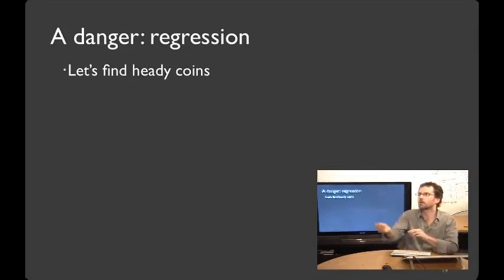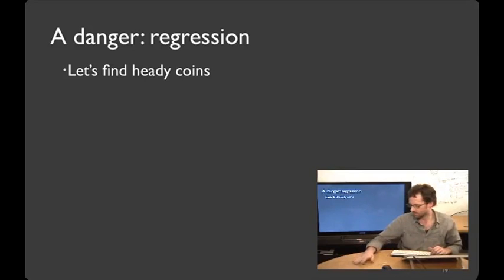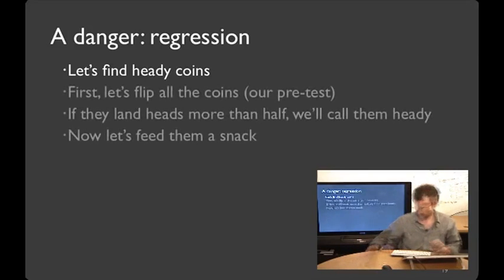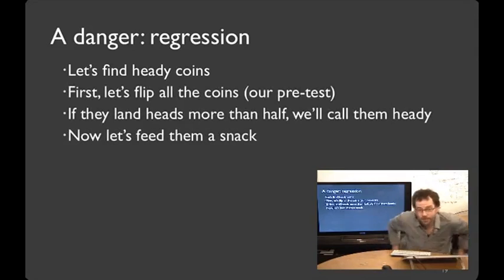Tails. Tails. That one's tails. Heads. And tails. So we have 3 coins that had a heady tendency and 3 coins that had a taily tendency. Now we can feed them a snack, so we can get a bagel.